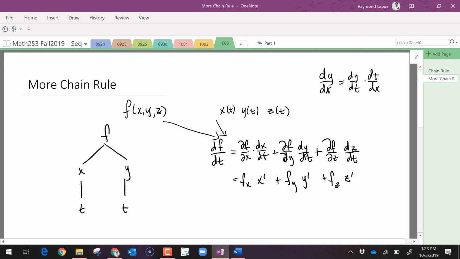So the book uses a tree notation to help us figure out the formulas for these things. Actually, I'm short a variable here, so let me redo my tree. Just adding another one.